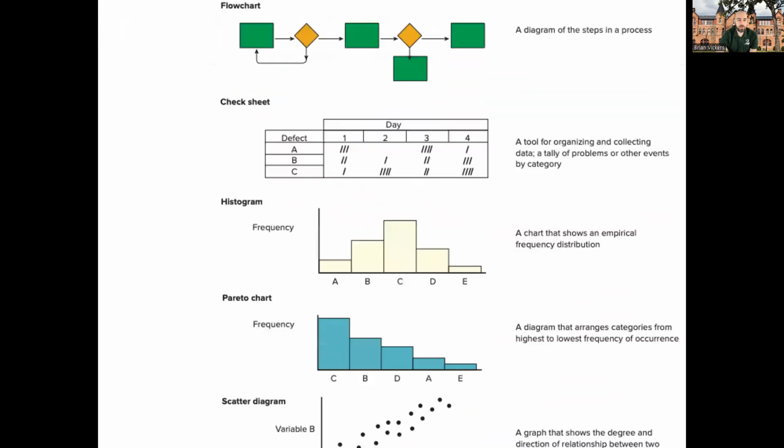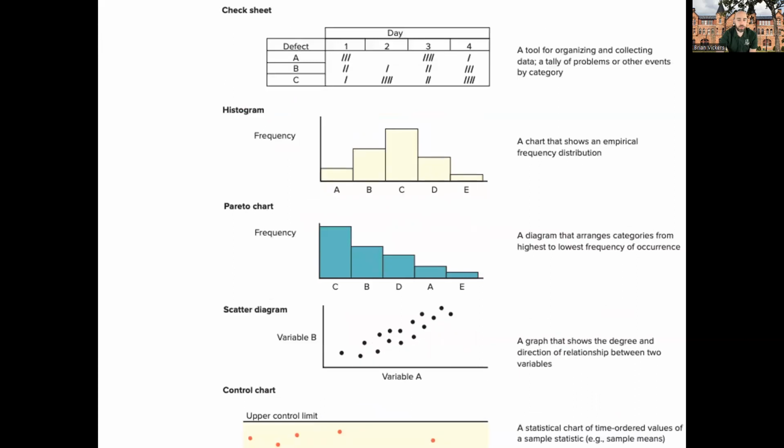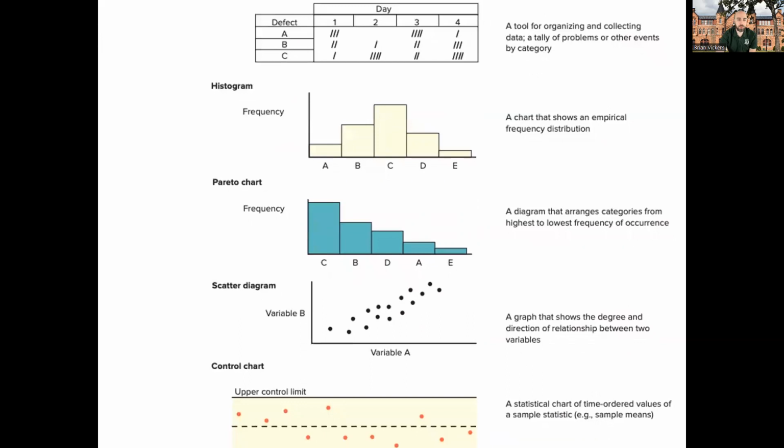A histogram then is a type of frequency chart that shows the frequency of occurrences. But then the Pareto chart is the same way, but arranged from highest to lowest frequency. We're going to be using this Pareto chart in this week's quantitative work.